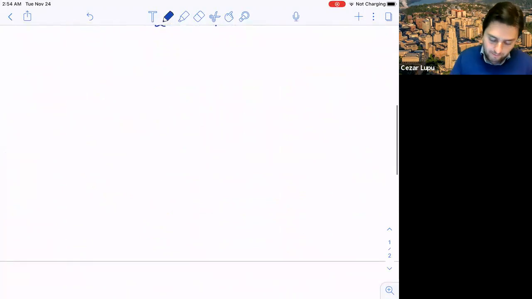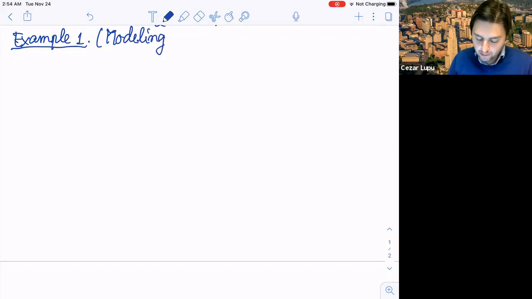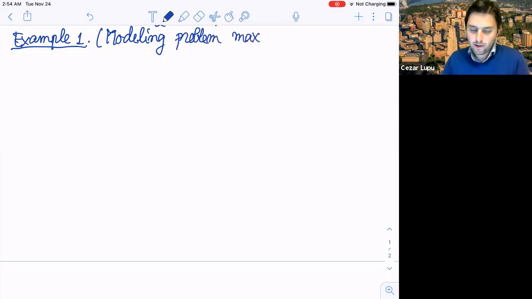Example 1. In this example, it's about modeling. It's a modeling problem, maximizing a constraint area.